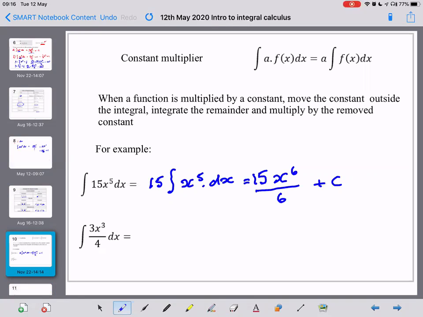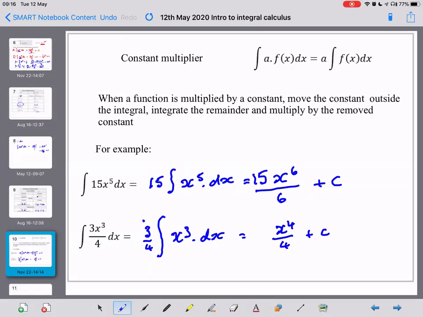Well, we've got this one. We could write that as 3/4 of x cubed. So we can take this 3/4 outside the integral, x to the 3 dx, and that equals, do the integration first, x to the 4 over 4 plus c.